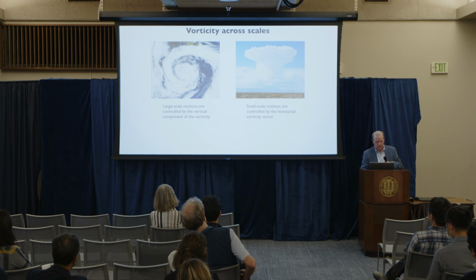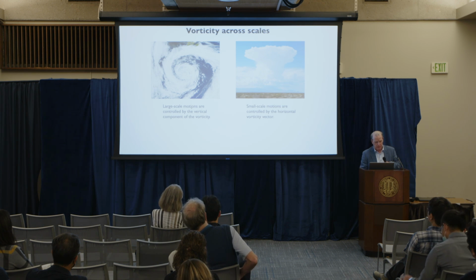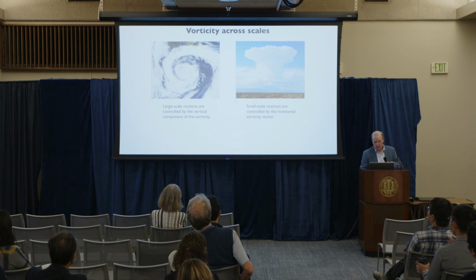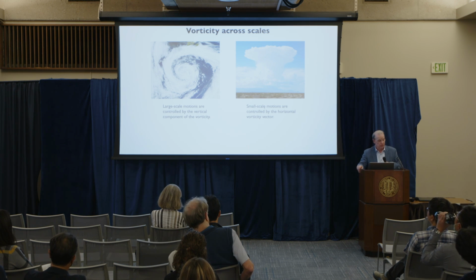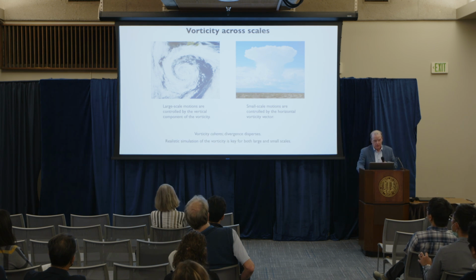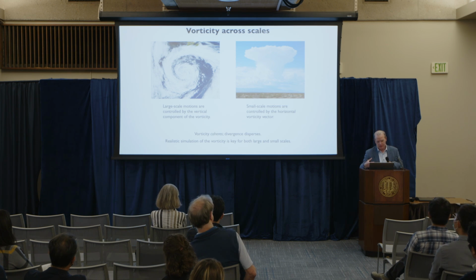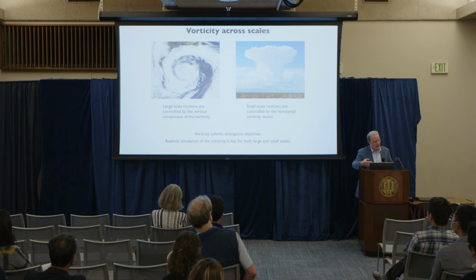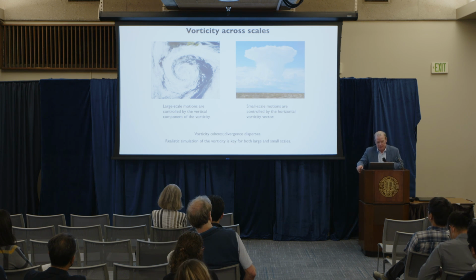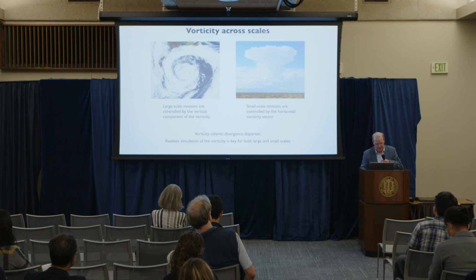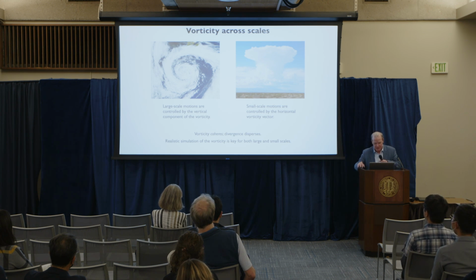So the idea now is that large-scale motions are primarily controlled by the vertical component of the vorticity, and small-scale motions are controlled by the horizontal vorticity vector, in the plane, on the sphere. Vorticity coheres. That's maybe not quite the right word, but vortices persist and can move. So they hold together, and it's kind of fascinating to watch them, right? We're all fascinated by that. Divergence disperses, gravity waves dispersing. So I intend this to be an aphorism, but realistic simulation of the vorticity is key for both large and small scales.